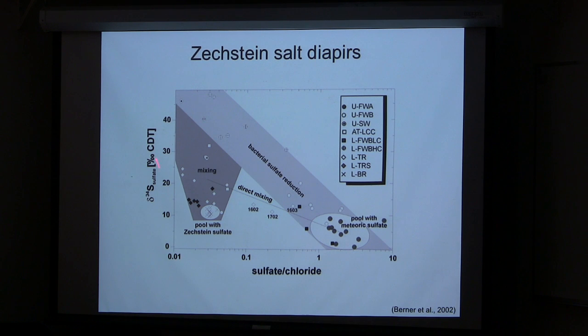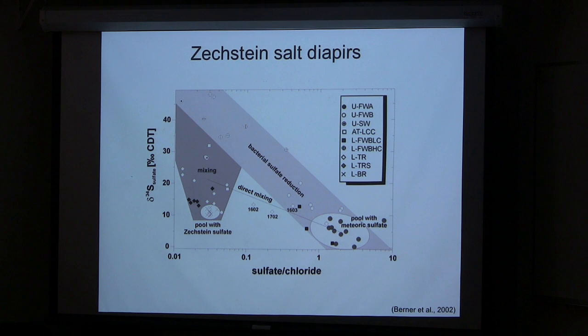So this is a plot showing the sulfur isotopes of the sulfate on the y-axis as a function of this sulfate-chloride ratio. So this is similar to the Rayleigh curve, except this time we're going from right to left as we're decreasing our sulfate contents, but we're still getting the enrichment in this sulfur isotope value.